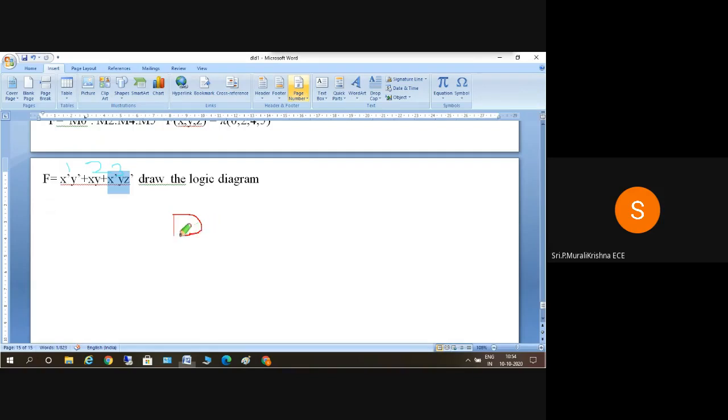This is one AND gate, second AND gate, third AND gate. So these are three product terms, and all these product terms are added with the OR gate. These three are given to an OR gate.